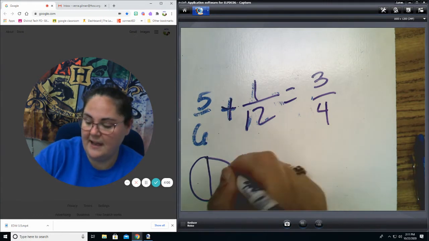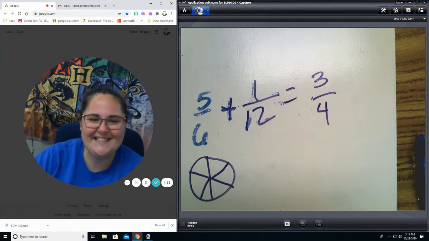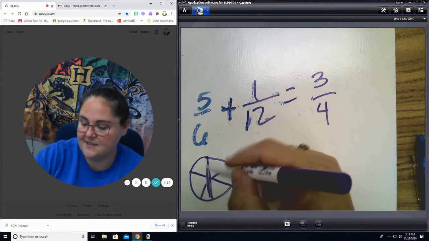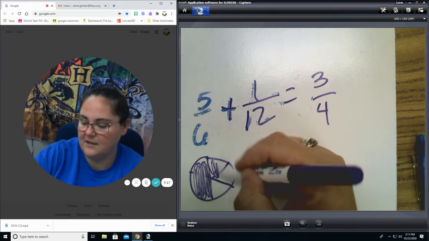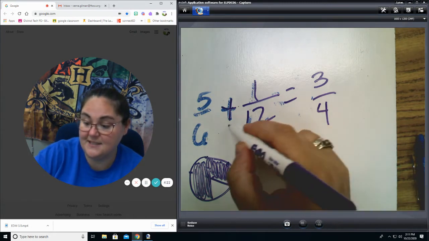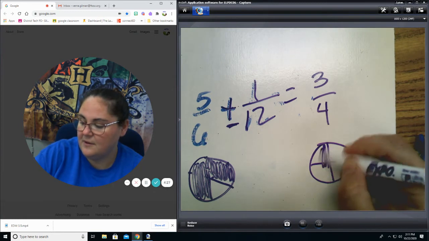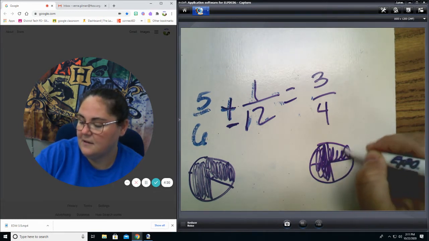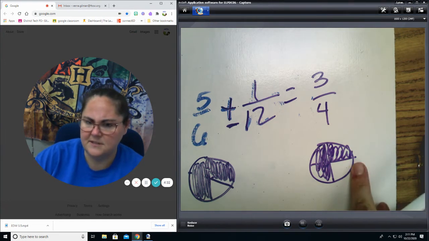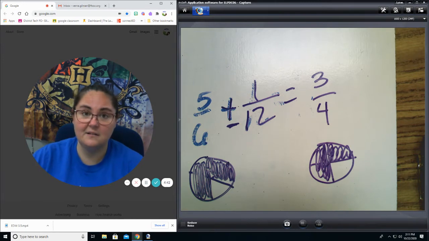The way you do that is you draw it in half and then you put a line on each side. There's my 6. So 5/6 would look like this. Plus something equals 3/4. So my final answer is this. Does that look like it's bigger than this? No, and it should be. So this one is not correct either.